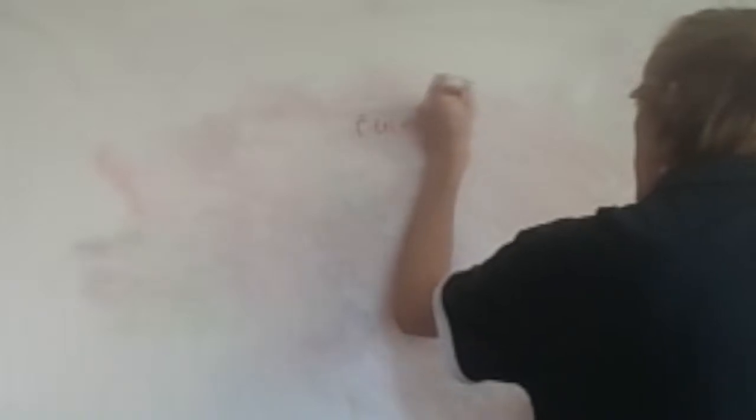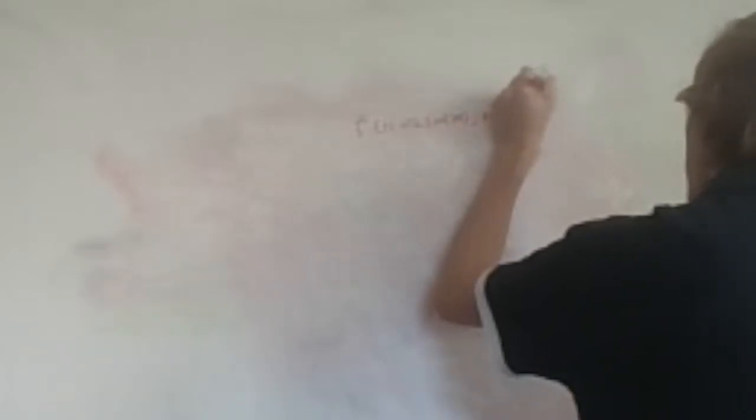And this is a vector function: 2 sine 3t, 2 cosine of 3t, and then t, from 0 to 2. Okay, I need to find the length.